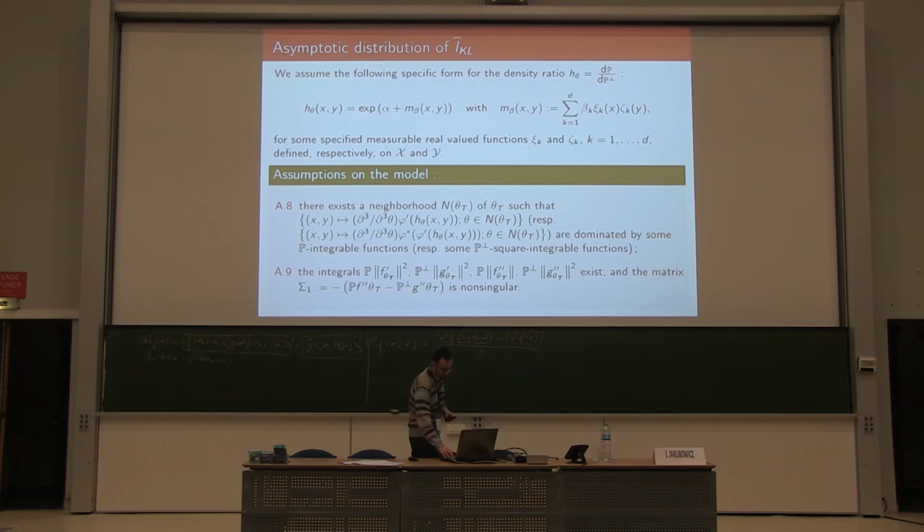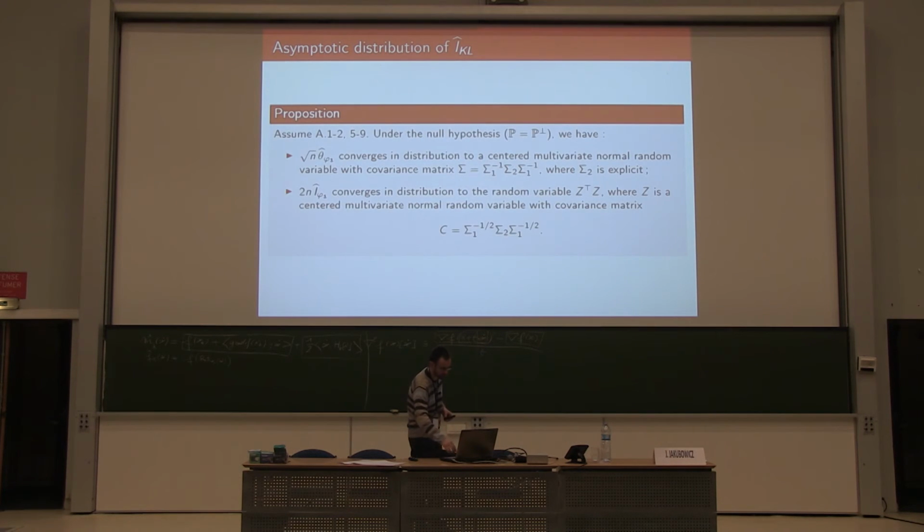But you can still obtain an asymptotic distribution. Okay, so now we are able to use this asymptotic distribution to compute the critical values for the test associated to this phi mutual information.